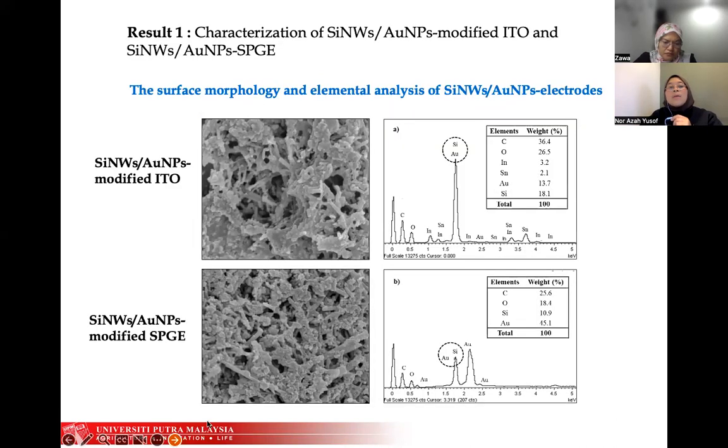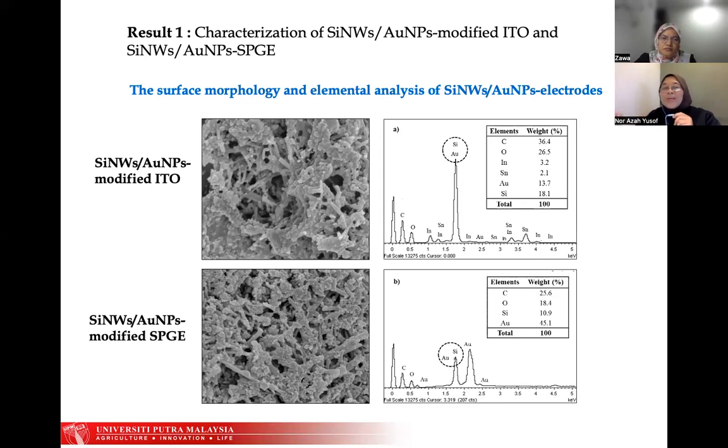So the results should also contain all those. Okay, you have surface morphology and you have elemental analysis, the elements on that electrode. So whatever you are saying must be evidence. You cannot propose different things but have no results.